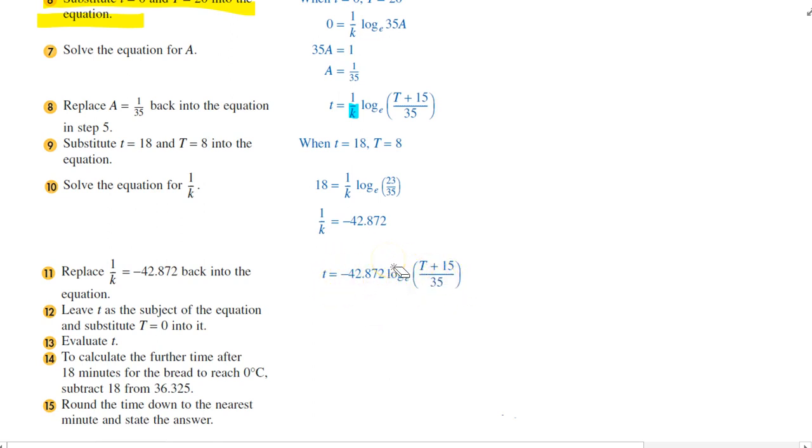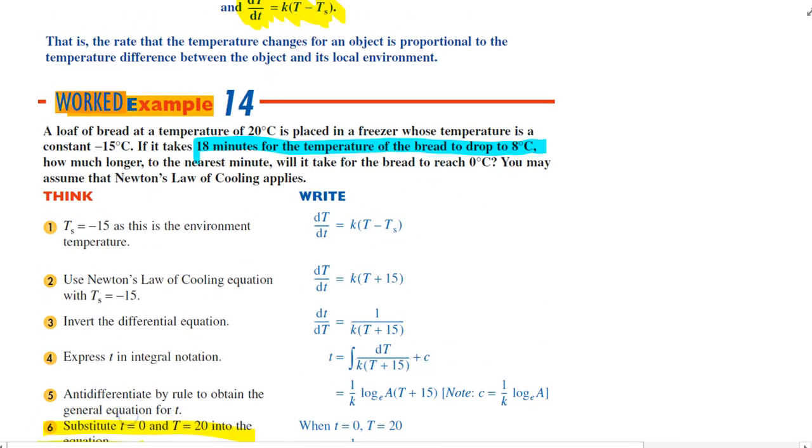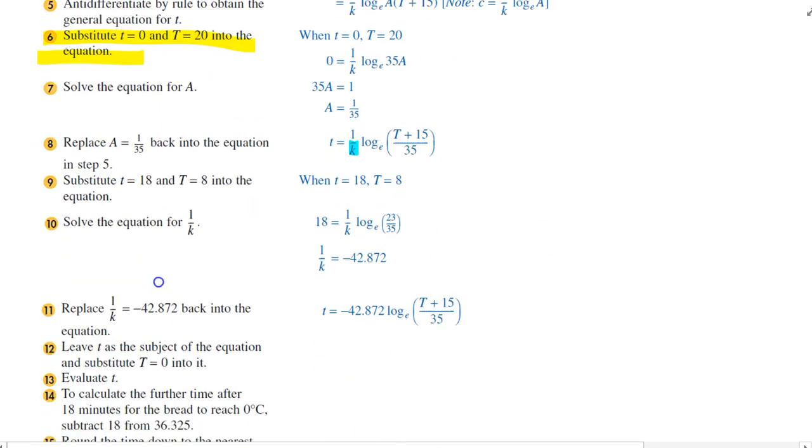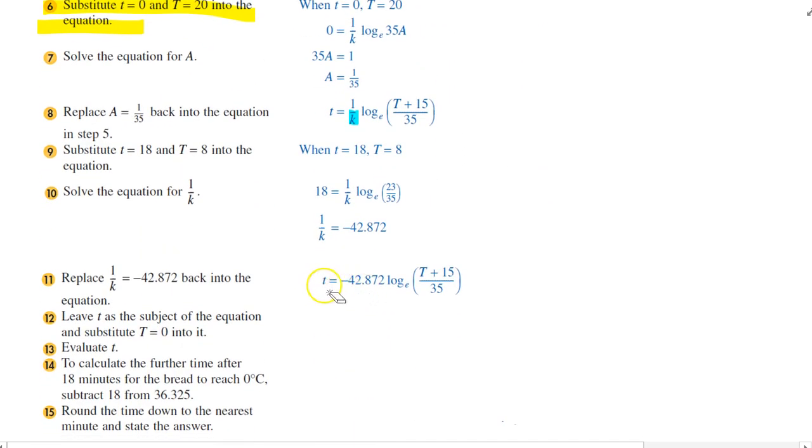Now that we've got an equation, I don't even know what the question was. What was it? How much longer, to the nearest minute, will it take for the bread to reach 0 degrees? Okay, so we definitely have an equation now. So time, temperature, we want to be 0 degrees. So let's sub 0 degrees into here.